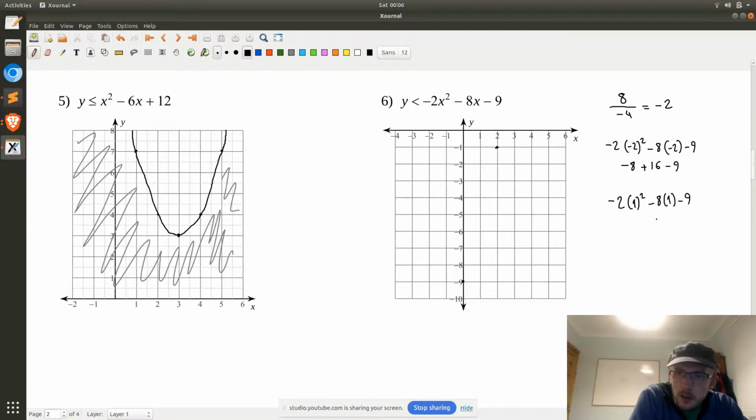Oh my goodness me. Why does the brain do that sometimes? Look at that. Minus there, plus there. Of course. I'm on the wrong side.